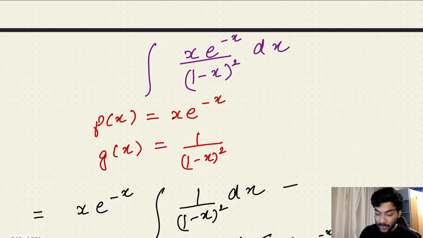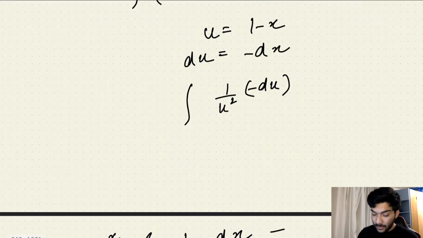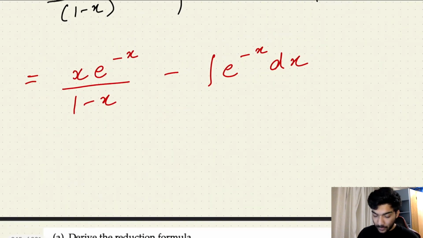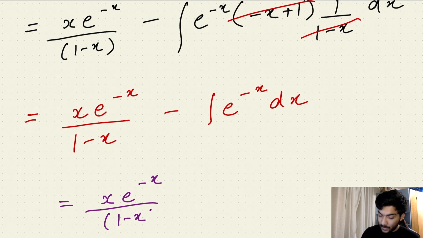So that is why we assumed our first function to be this one and second function to be this one in this question. So now if you calculate the final answer, it would simply be x e to the power minus x upon 1 minus x. The integral of e to the power minus x would be minus e to the power minus x, and since you already have a minus over here, this second expression will turn into plus e to the power minus x.